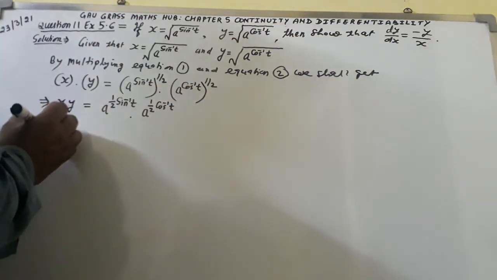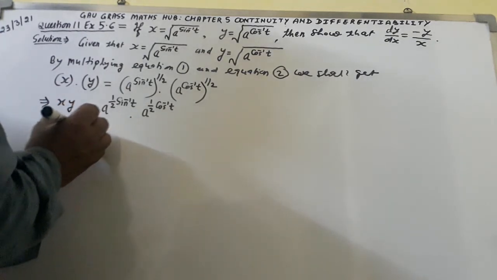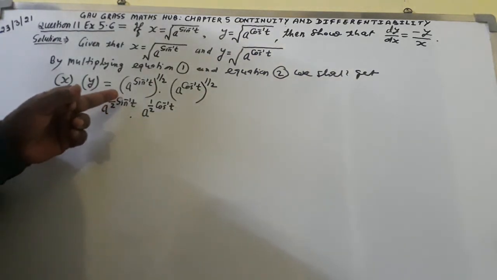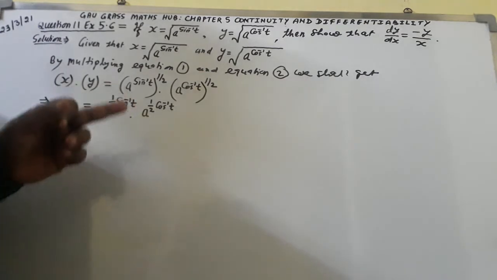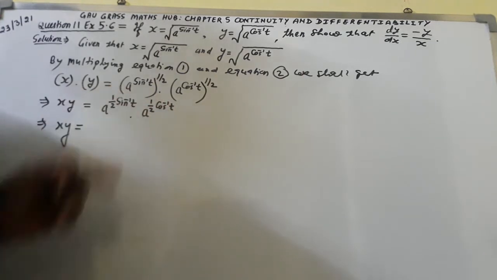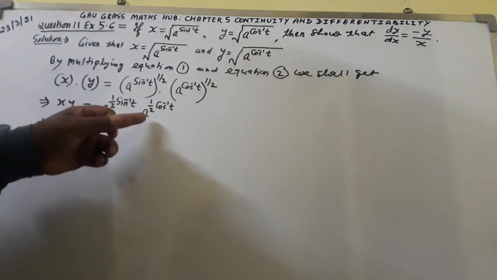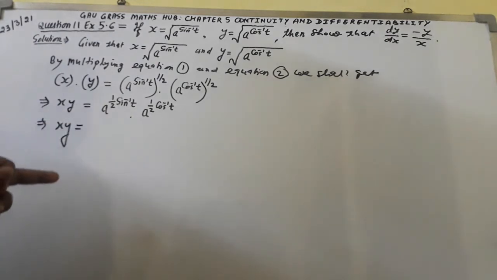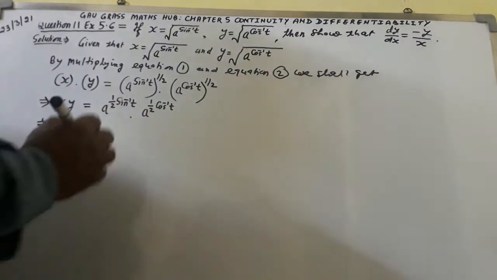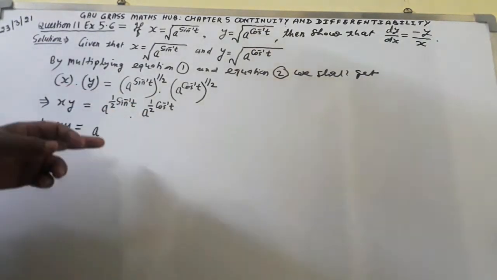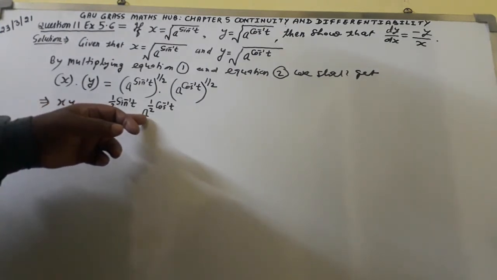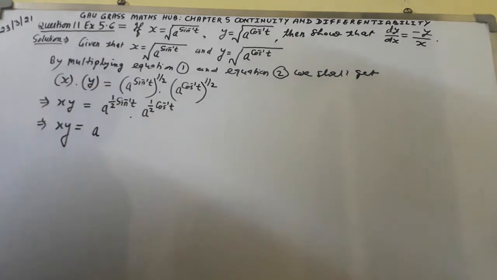Comes out to be xy equal to, here you can see a raised to the power 1/2 sin inverse t dot a raised to the power 1/2 dot cos inverse t. A is there in base, a is there in base. Since the base a is the same, so here write a. Since base is the same and both functions are multiplied, then power will be added.